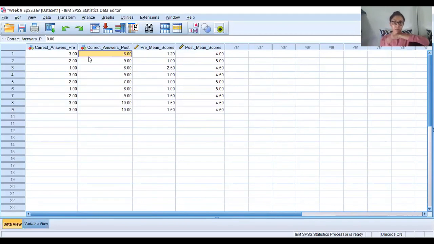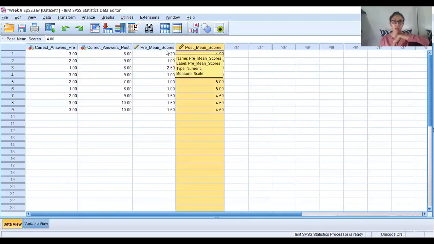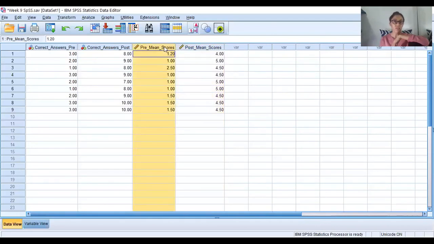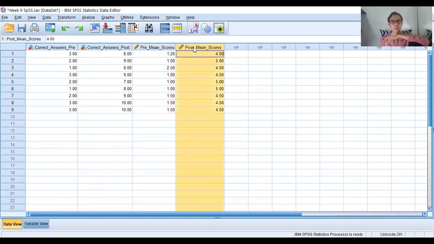Okay. Now, these two columns are pertaining to your section 3. So this is pre-intervention mean score and this is post-intervention mean score. Remember, you can do a paired sample t-test only if you have a pair, okay?